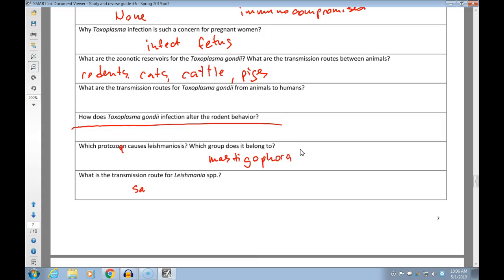Transmission route: sand fly. We're not in the medical entomology class, so I'm not going to ask about sand fly, deer fly, black fly. You need to know that it's vector transmitted.